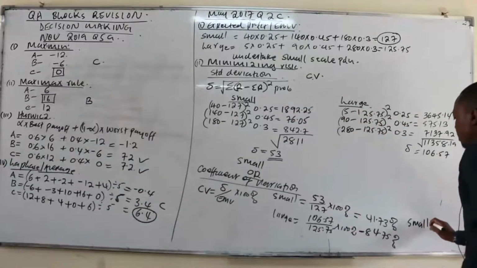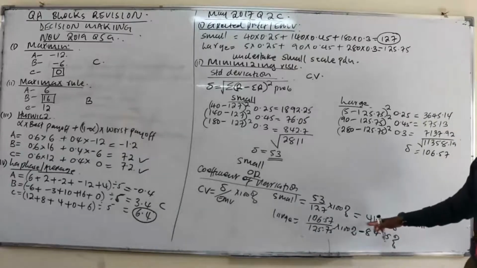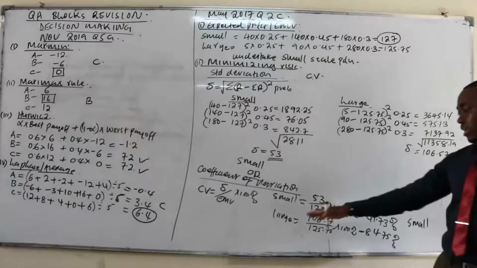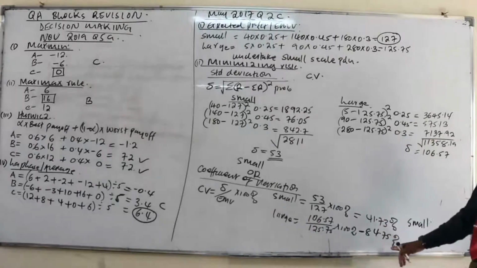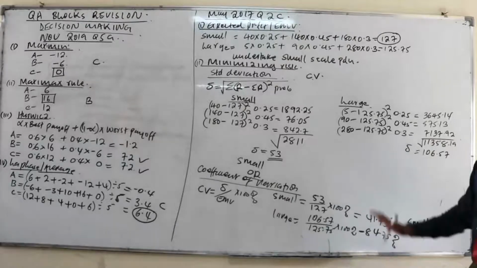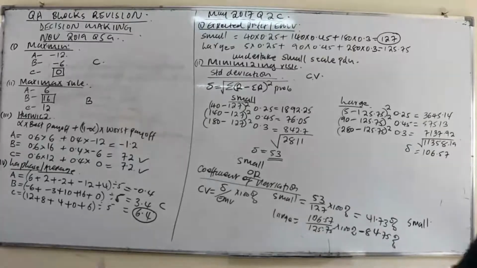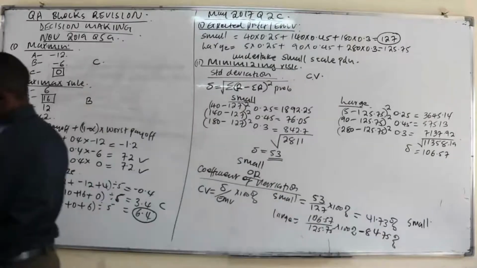You see what it means for CV: to generate 1 unit of profit, we are taking a risk of 41.73%. For the large scale, to generate a profit of 1 unit, you are taking a risk of 84.75%. So the large scale is more risky compared to the small scale. If you want to minimize risk, you should adopt the small scale. Good. You can take a screenshot of that.